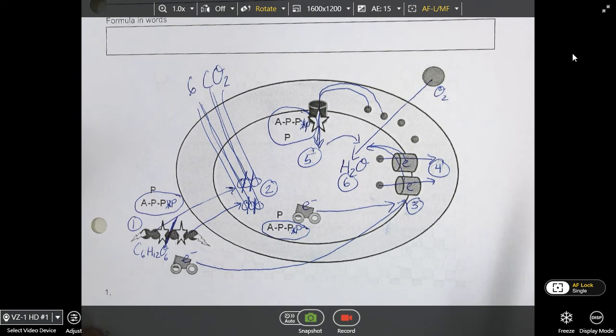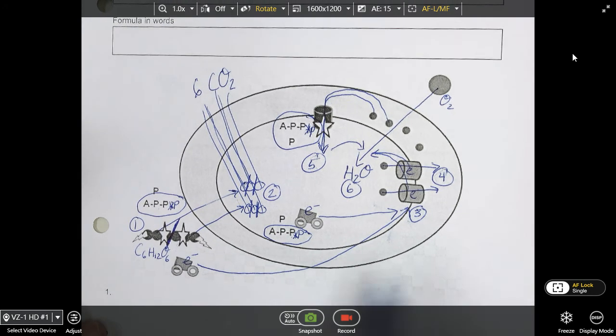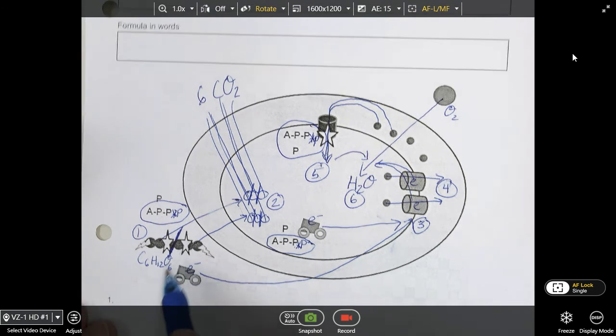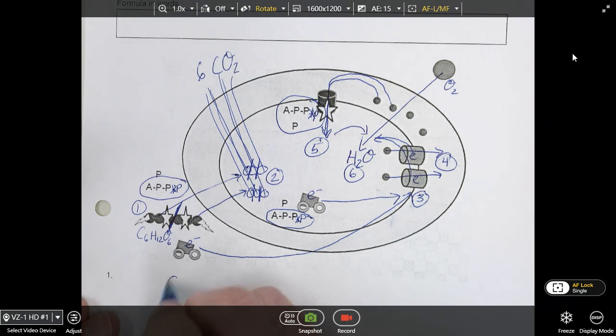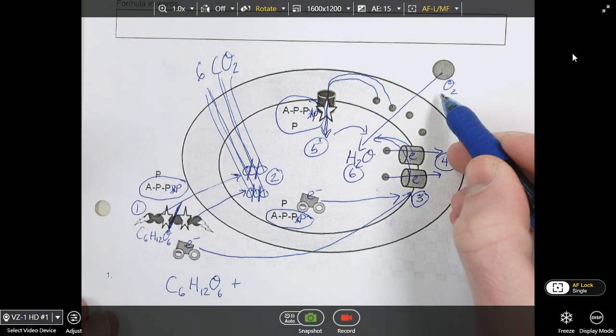If we look at this from a formula standpoint, what is going in is glucose and oxygen.